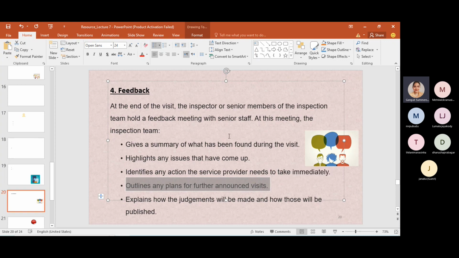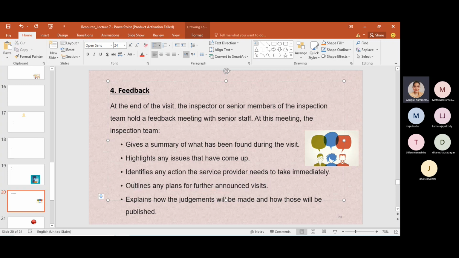If the inspection team is planning to come again for another visit, then the details about these future visits can also be discussed during the feedback.